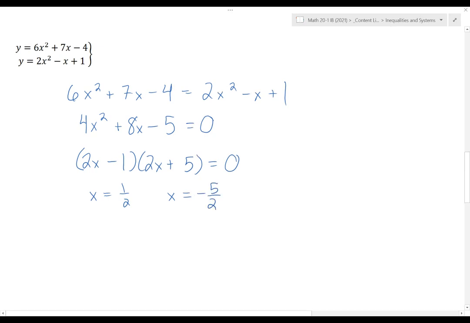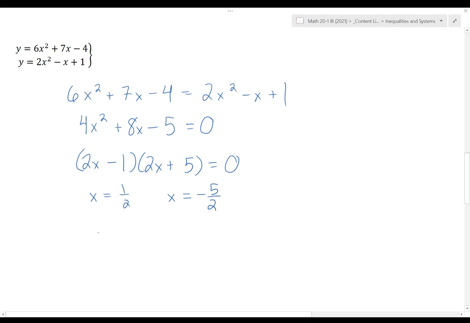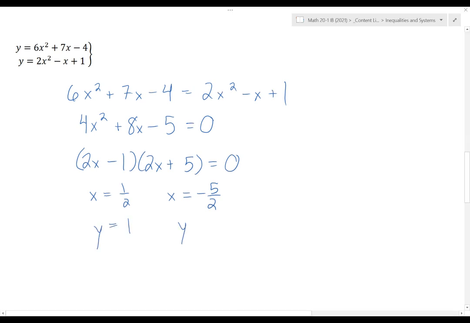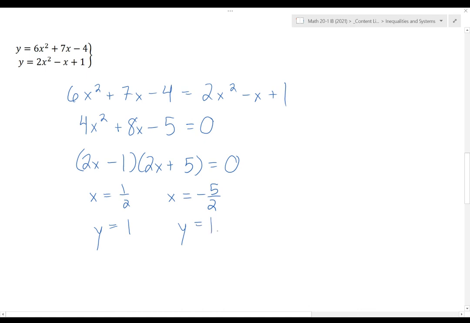And I am then going to substitute into either one of these original equations to find the corresponding y values. So if x equals 1/2, then let's say 6x squared plus 7x minus 4 is going to equal 1. And if x equals -5/2, then when we substitute into either one of these equations, we get y equals 16.